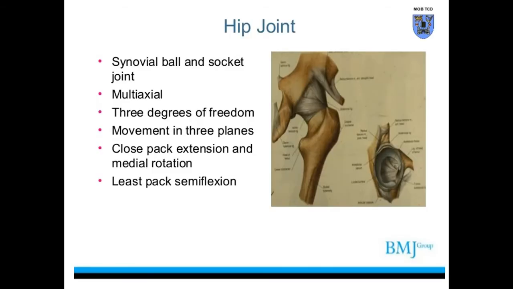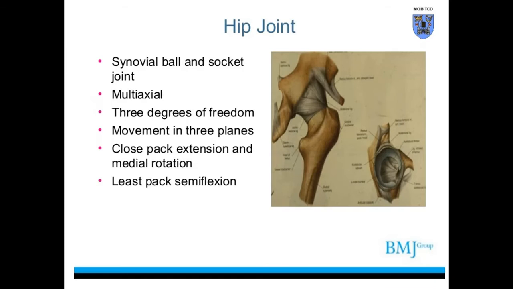When we see that there is a hip joint, we come to know that it is a synovial joint, and it is a ball and socket joint. Here we can recall that we discussed a ball and socket synovial joint in the upper limb, that is the shoulder joint. When we were learning about the shoulder joint, we found that it is multi-axial, that we can move it in all directions.